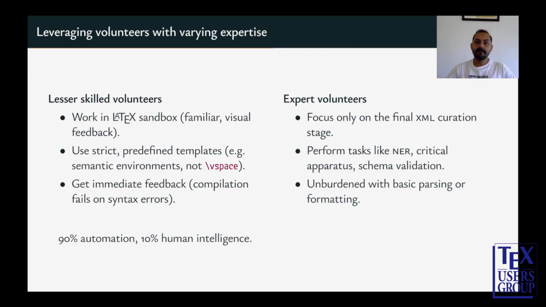And this is where the domain experts like linguists also come into the picture, where they can do named entity recognition, linking, critical apparatus, or XML schema validation, etc. This decouples the processing stage into varying levels of expertise and relieves the expert volunteers from the mundane tasks.